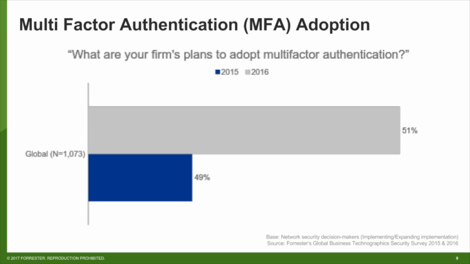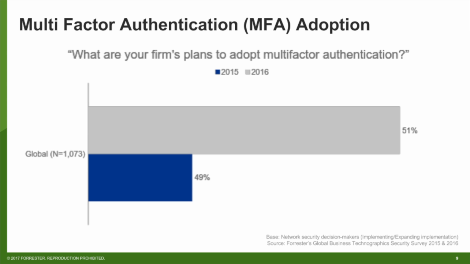There's a data point here showing the year-over-year increase in firms' plans to adopt multi-factor, based on our survey data. Again, we see a healthy increase. When we look at the 2017 data, which we'll get later this summer, I would expect to see continued increased plans for adopting multi-factor.